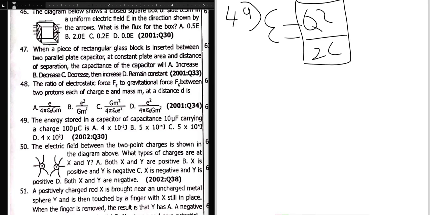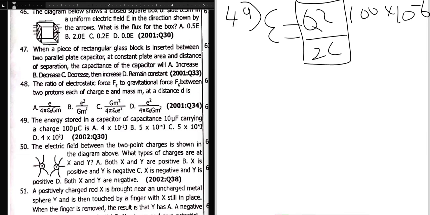Now you don't just put 10 for capacitance or 100 for charge. No, you don't just do that because of the sign they are carrying. They are carrying a micro. So for charge, you are going to say 100 times 10 minus 6.